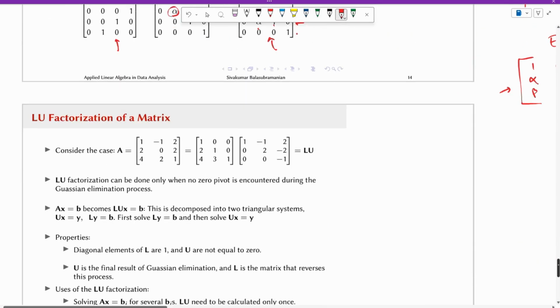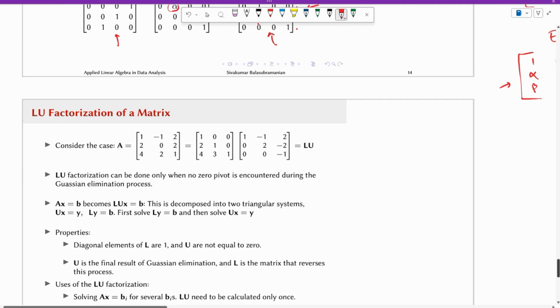With those steps now, let's do Gaussian elimination for this matrix. But we will keep track of the corresponding elementary matrix for each step that we do.